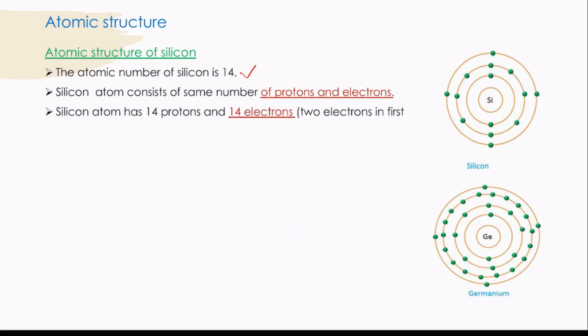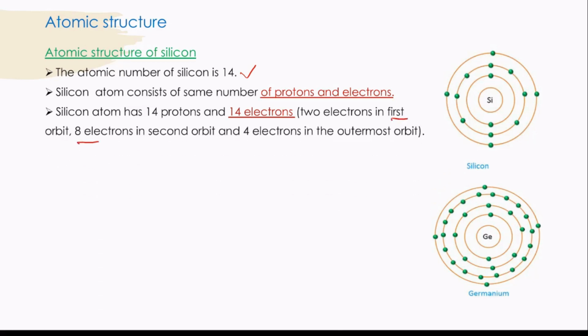So that's why the silicon atom has 14 protons and 14 electrons, and these 14 electrons are arranged in the orbits as 2 electrons in the first orbit, 8 electrons in the second orbit, and 4 electrons in the outermost orbit. Now if you see in this figure, we can see that the silicon nucleus is surrounded by 2 electrons in the first orbit, 8 electrons in the second orbit, and 4 electrons in the outermost orbit.